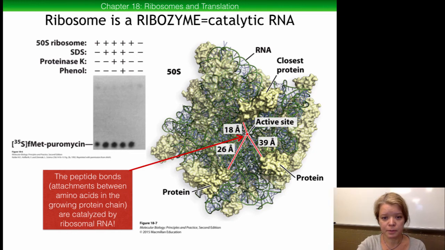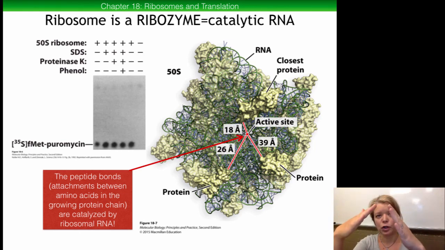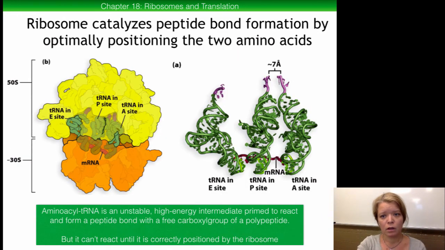You saw in the previous picture that the ribosomal RNAs push the tRNA molecules so close that the two amino acids are only 7 angstroms apart, and then peptide bond catalysis can occur. So let's look at that a little bit further. In the pictures two slides ago, you saw how they're pushed together, and this is the actual distance.